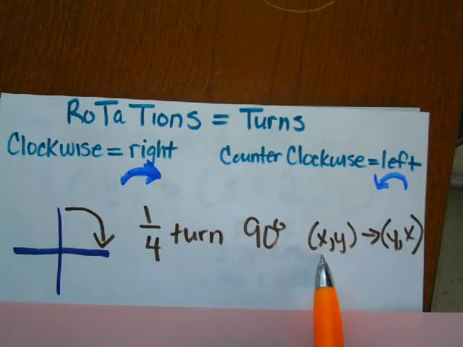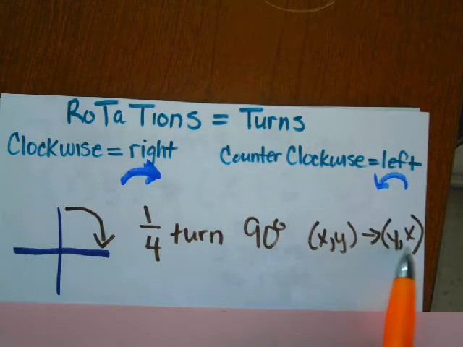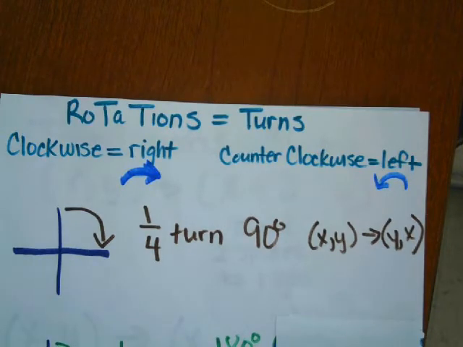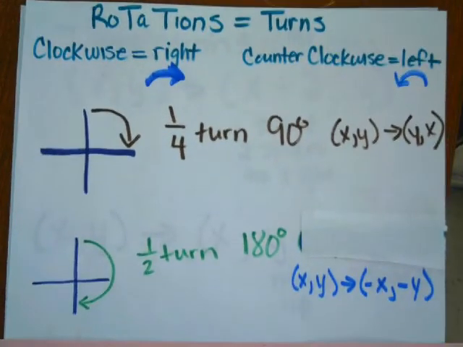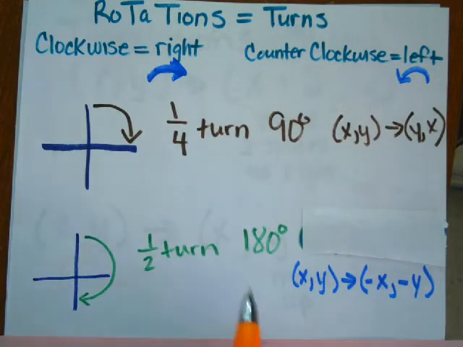The original coordinates are x, y. If I do a quarter turn, then my coordinates would switch places. If I make a half turn, which is 180 degrees, my original points, x, y, become the opposite of the original.